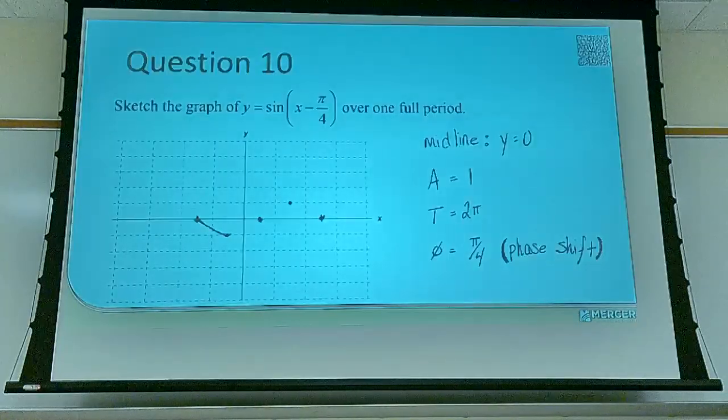So that would be slightly below negative 1/2. So maybe something like that.